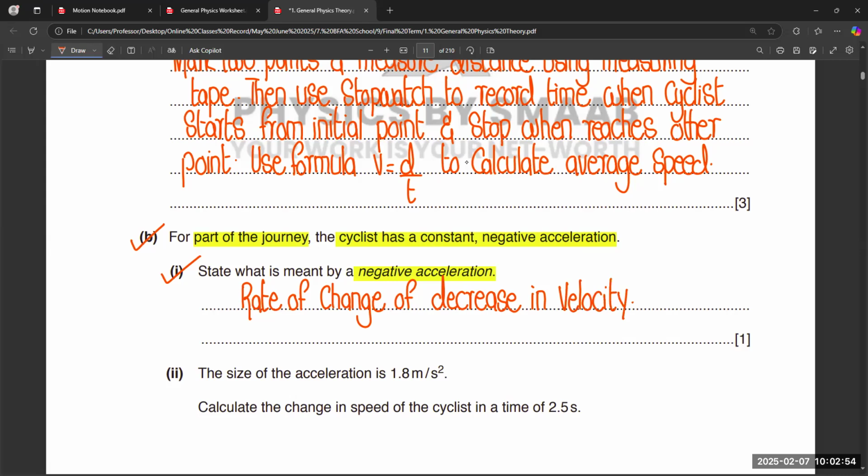So when velocity decreases with respect to time, so that is called negative acceleration. So this is the idea of negative acceleration.